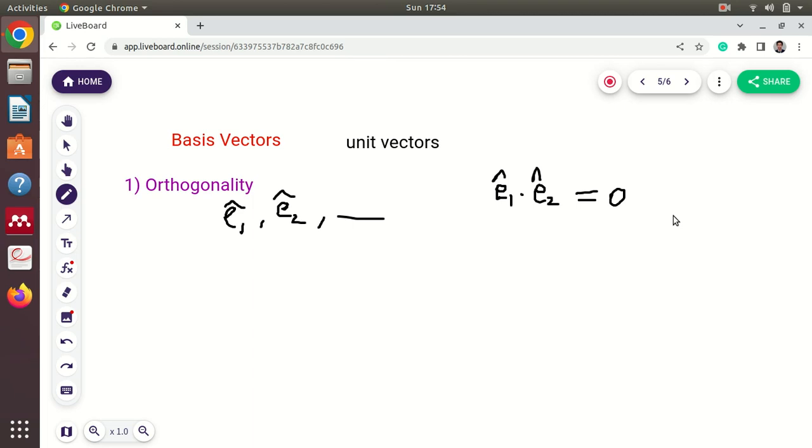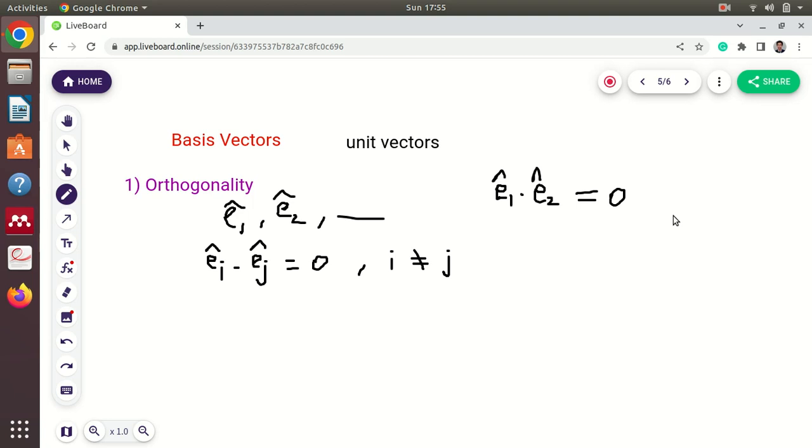This can have n number of vectors. So you should remember that if there are n dimensions, then we will have n different basis vectors orthogonal to each other. So in general, I can write ei cap dot ej cap is equal to 0, but only when i is not equal to j is this true.